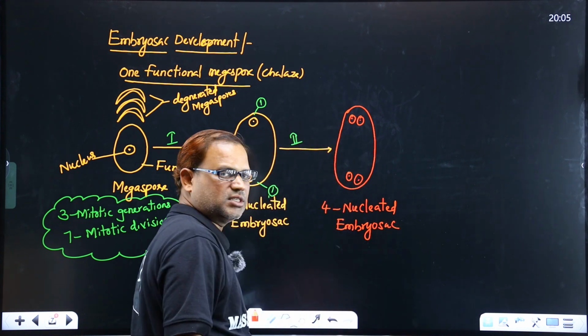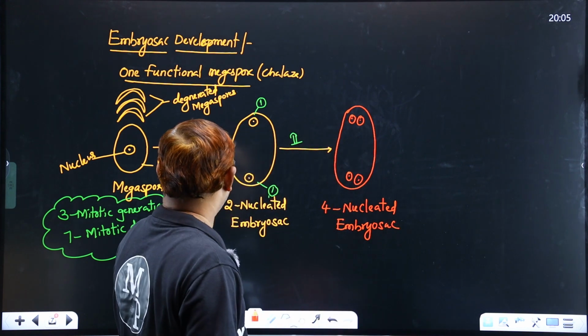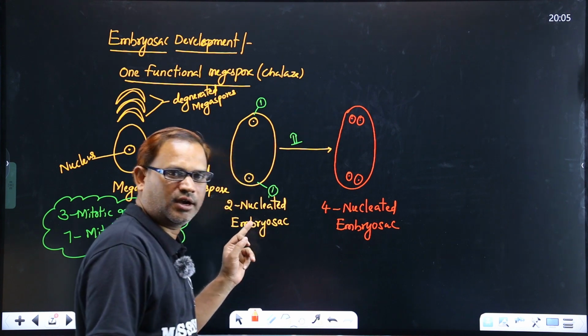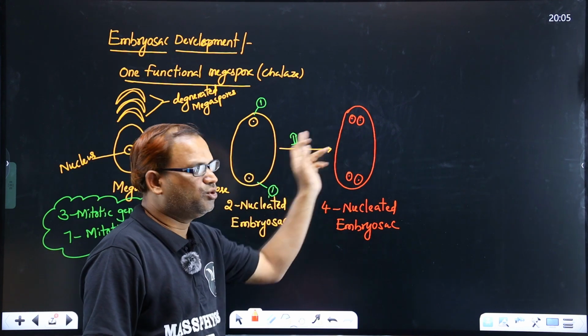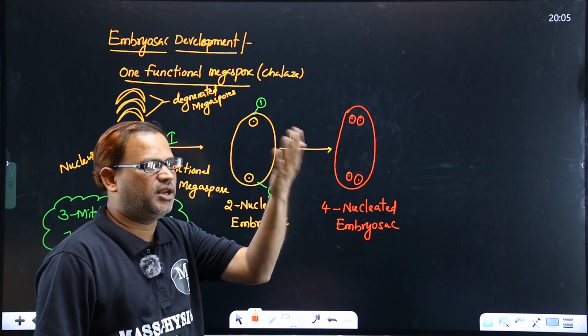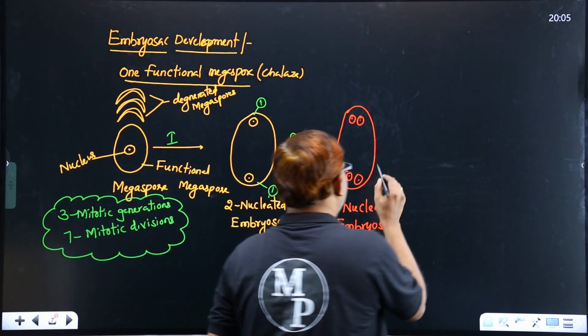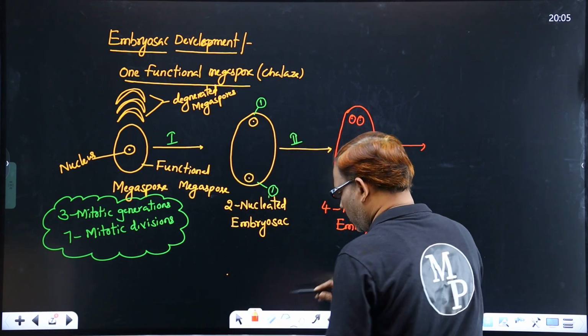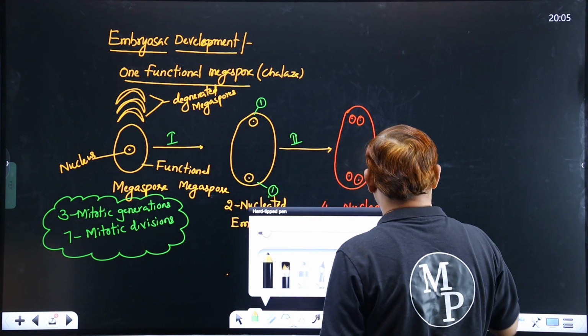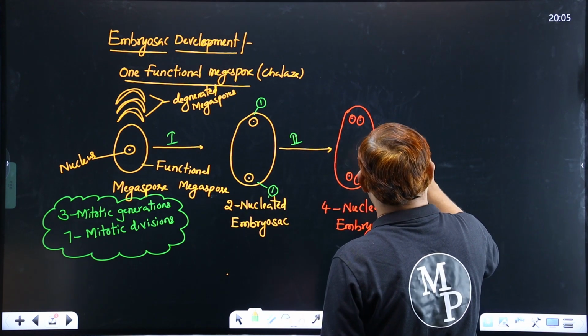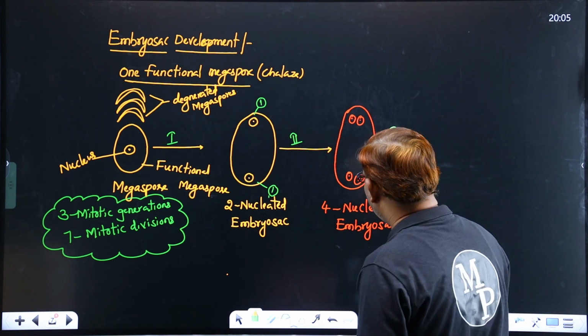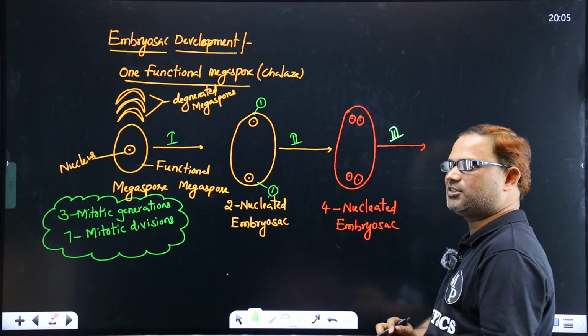Actually here is the first mitotic division, then the remaining two sequential generations. Next is the third mitotic generation. But how many mitotic divisions now?